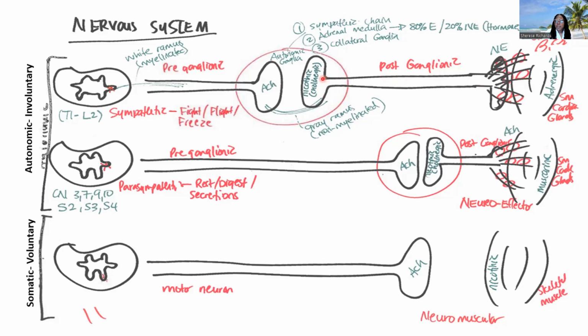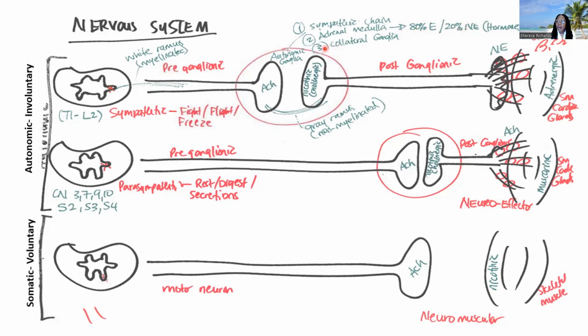Now, as far as the options for this synapse, remember the synapse in the sympathetic nervous system had 3 options for communication. One is that it could synapse onto a ganglia in the sympathetic chain, which is right parallel to the vertebral column, or it could synapse onto the adrenal medulla chromaffin cells, and that would result in the chromaffin cells behaving like a postganglionic neuron and releasing hormones instead of neurotransmitters, right? 80% epinephrine and about 20% norepinephrine, and very, very minimal dopamine.